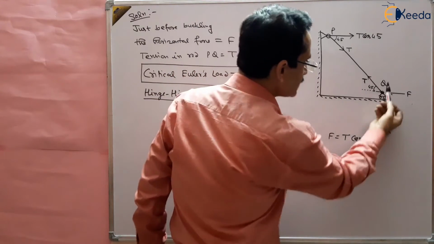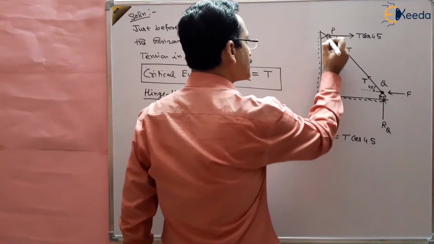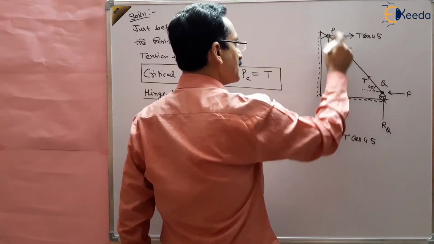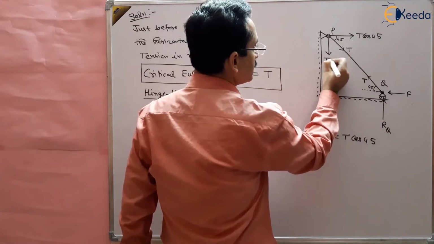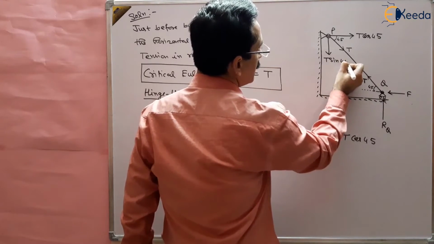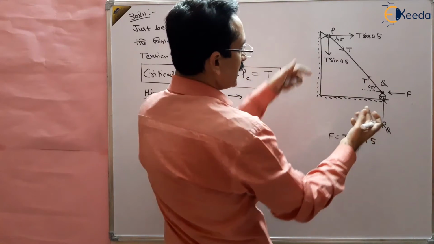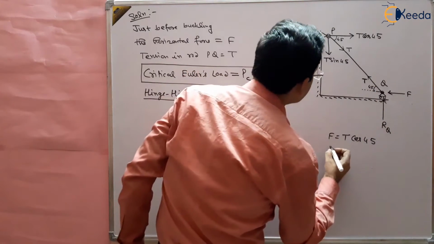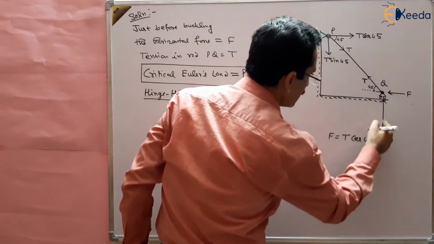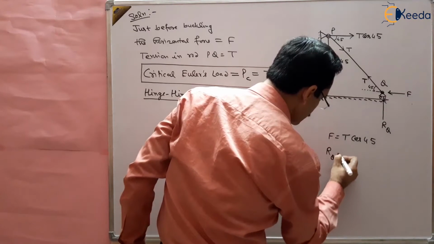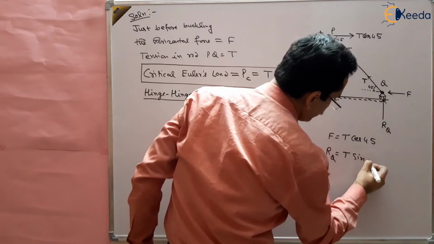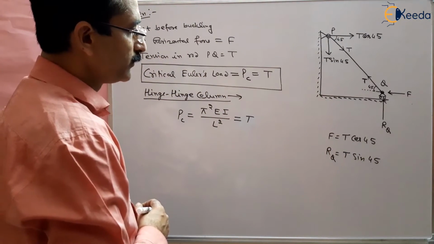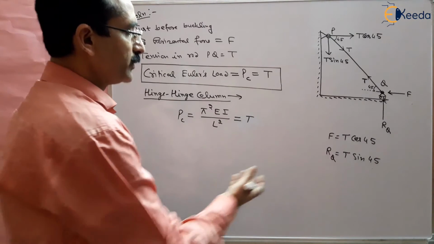The reaction is opposed by the downward component of tension, T sine 45, so RQ should be equal to T sine 45.